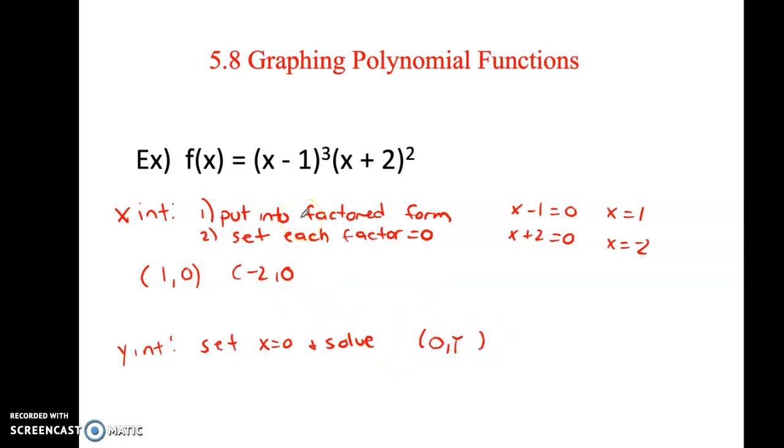So when you set x equal to 0 in this equation, we're going to get negative 1 cubed times 2 squared, and that is going to give us a negative 4. So my y-intercept is 0, negative 4. So again, we're going to focus on x-intercept, y-intercept, and graphing with a table today.